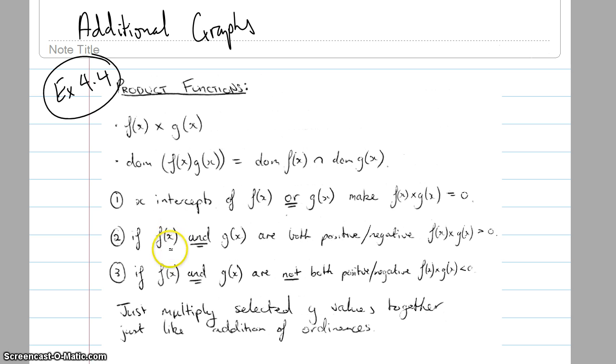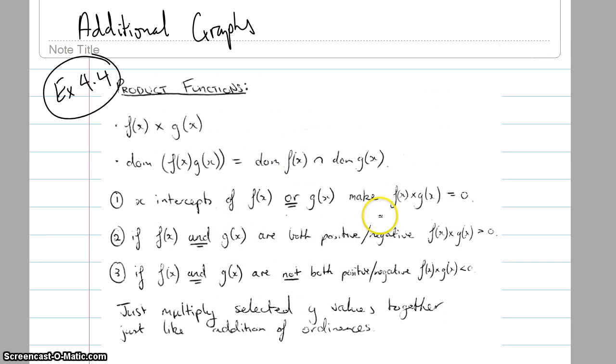And if the y values on both of the graphs are either both positive or both negative, then on the new graph the y value will be greater than 0. So if the y values on both graphs are positive, then the new graph will be positive.